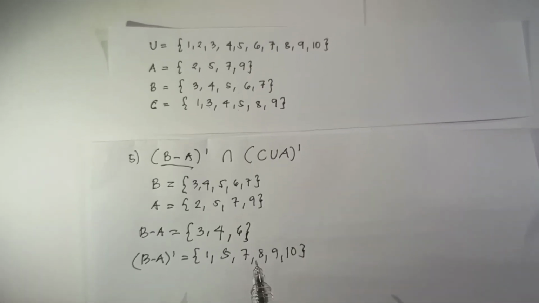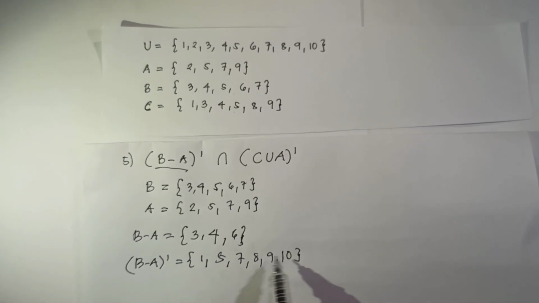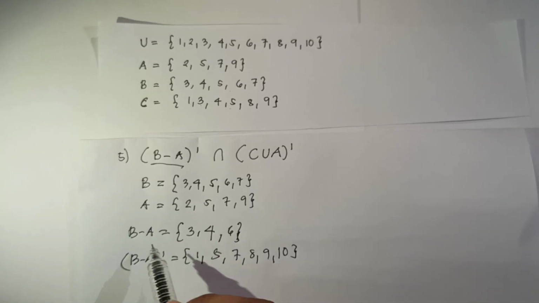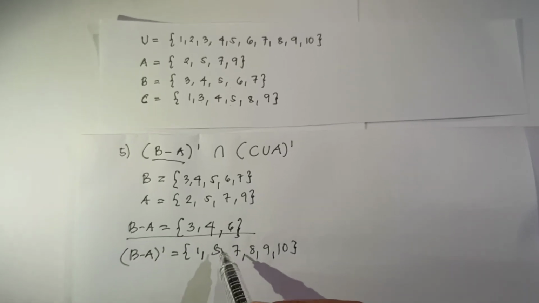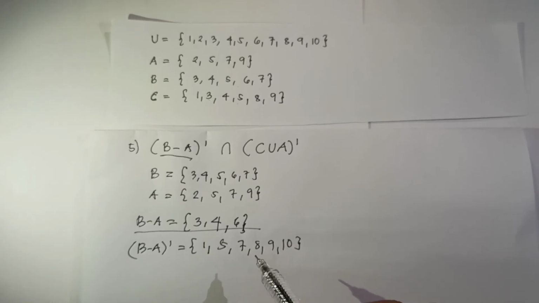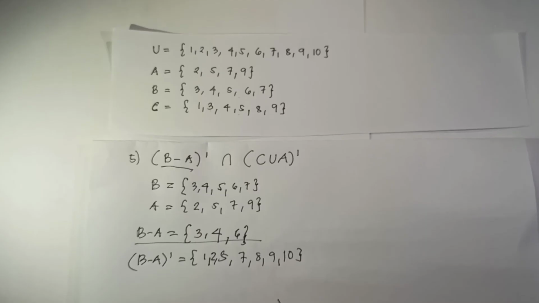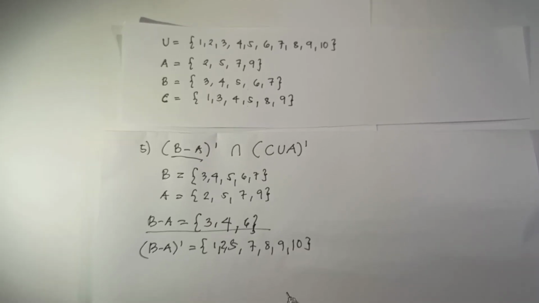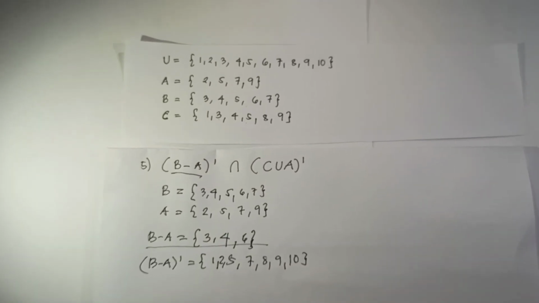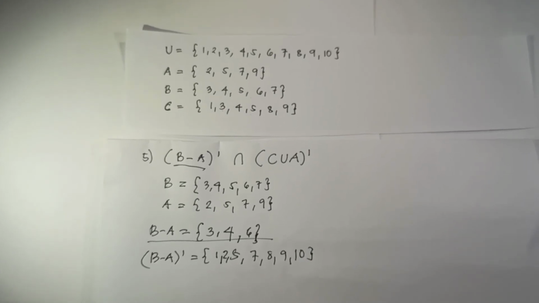So this is the B prime. So these are the elements which is not found in this result. 3, 4, and 6. So 1, 2, 5, 7, 8, 9, and 10. So this is B minus A prime.